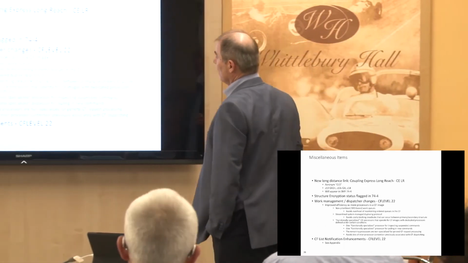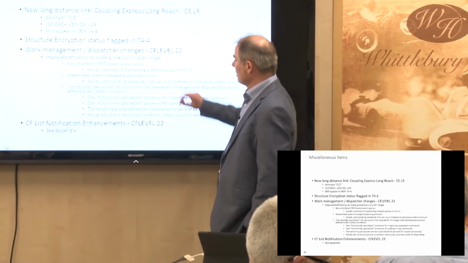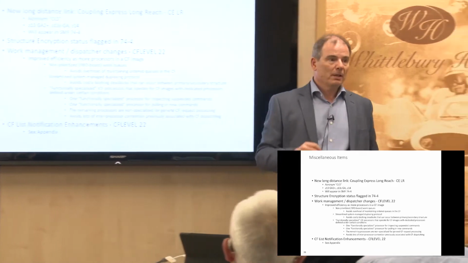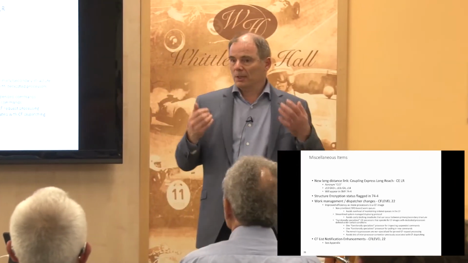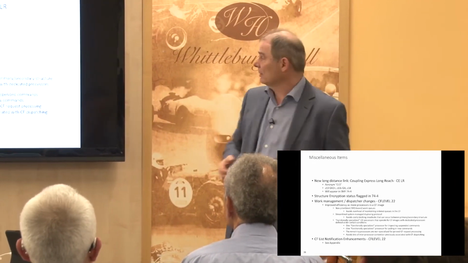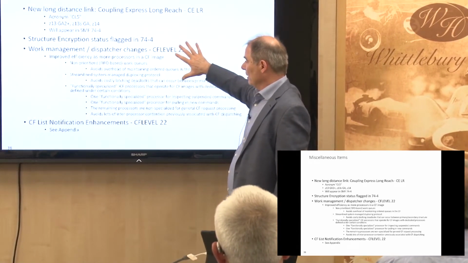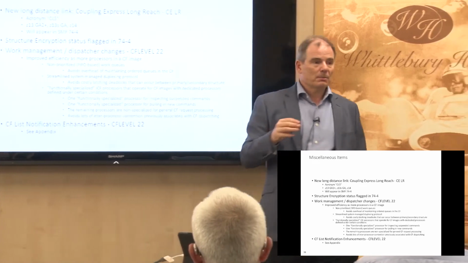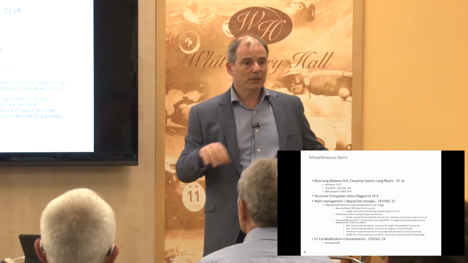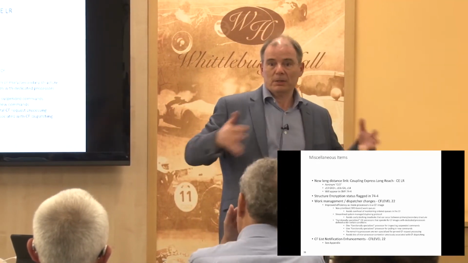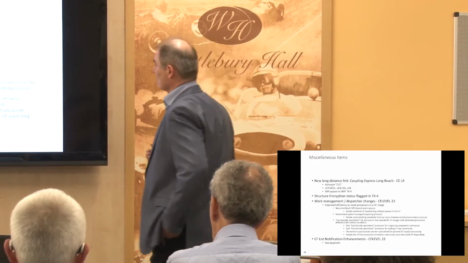Okay. The next thing is, and I think this is more to do with larger numbers of engines in the coupling facility image than smaller ones, CF level 22 changed the way the dispatcher works, essentially to be more efficient by dividing the work up into different kinds of work queues in a better way. Okay.